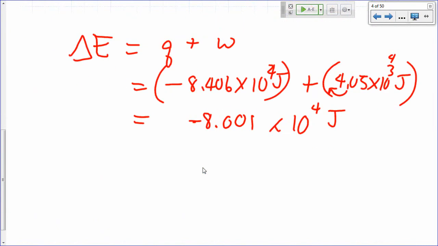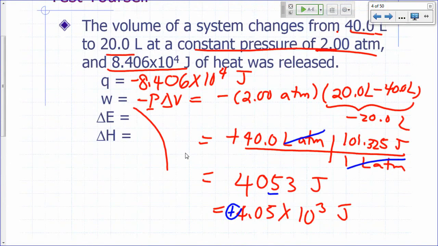What's our delta H? Constant pressure, so it's just equal to Q. See, delta H is a lot easier to know compared to delta E. If you want to know delta E, you still have to calculate W, but if you want delta H, all you have to do is say that's equal to Q, because this process happens to be occurring at constant pressure.